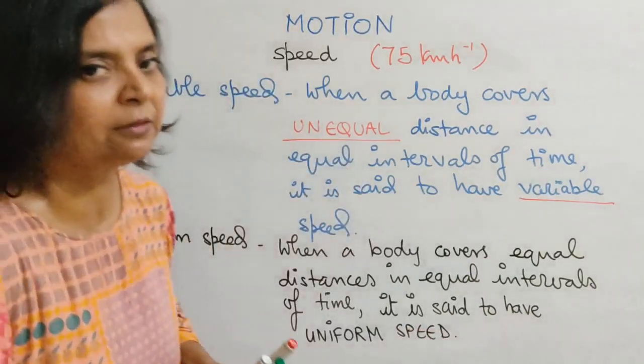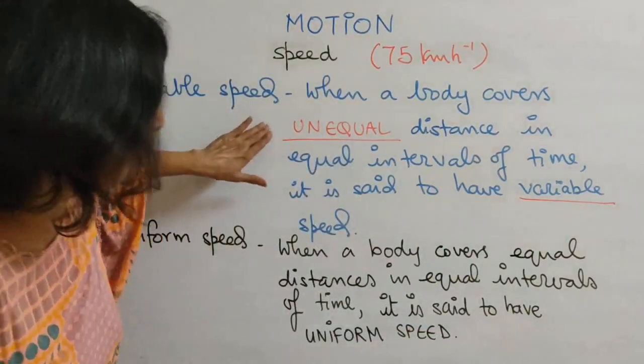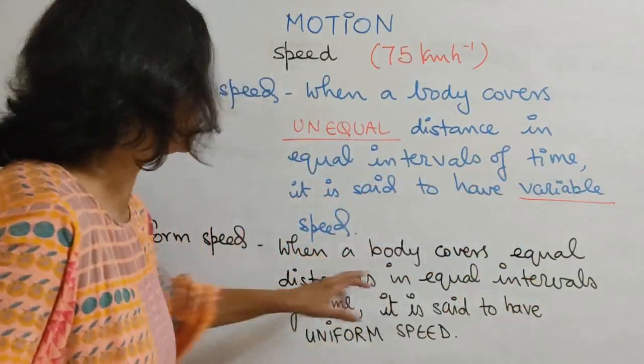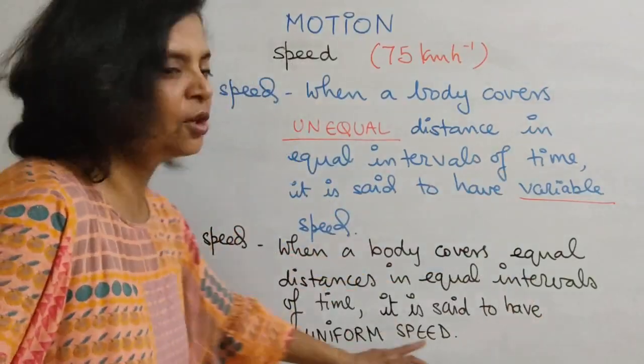So, time interval will be same, but if it is unequal distances in equal intervals, variable. If it is equal distances in equal intervals, then it is uniform.